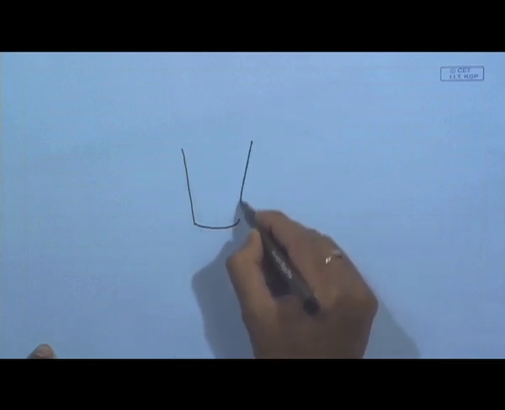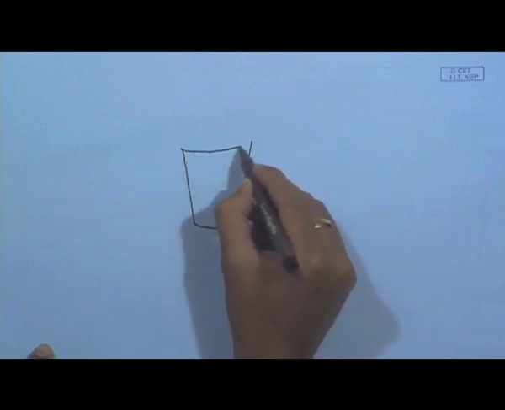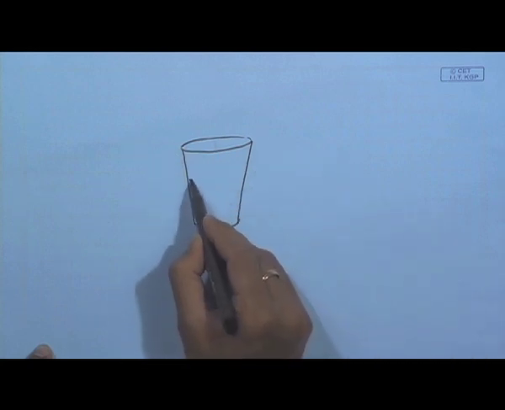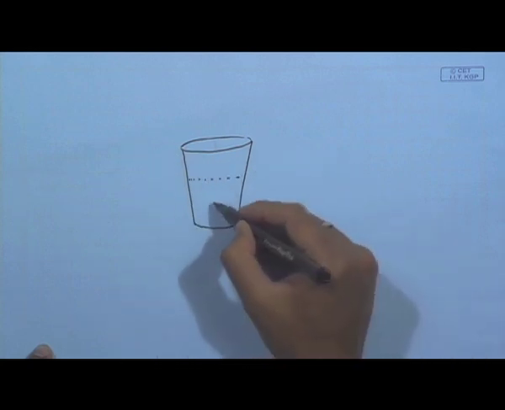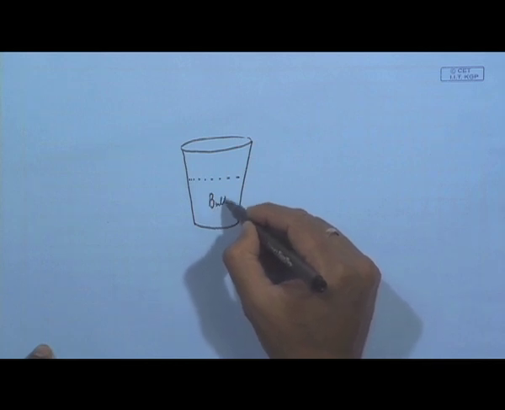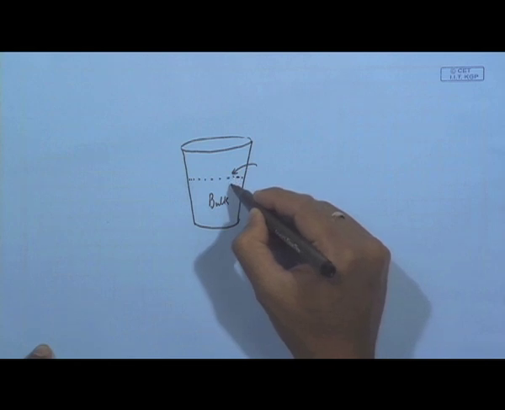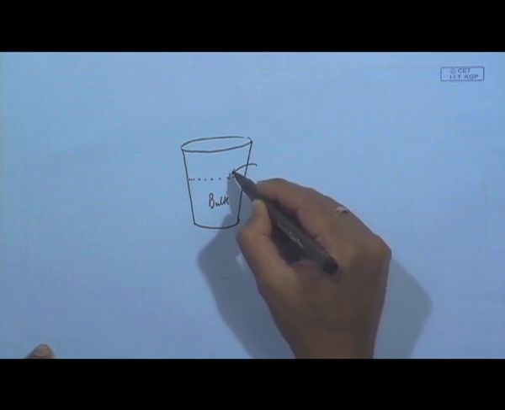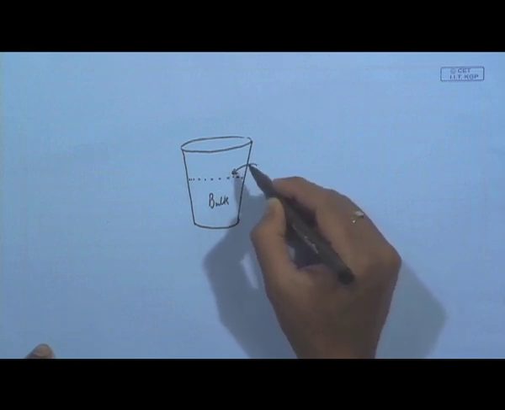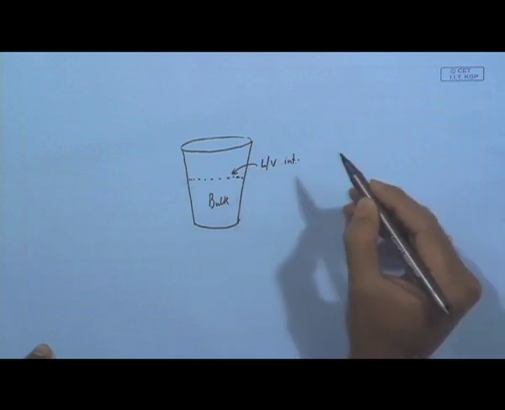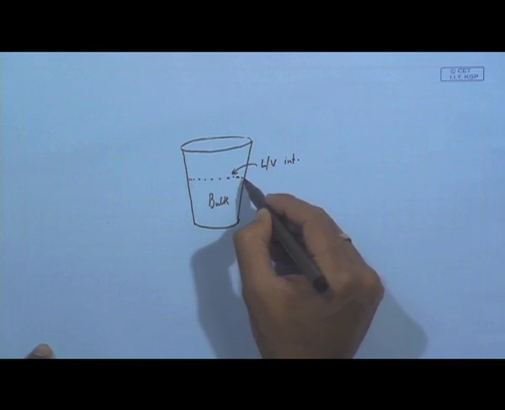So, you have got a glass of water, and water is up to here. This is your bulk, and this is your water vapor interface, liquid vapor interface, and this is called the region of inhomogeneity.